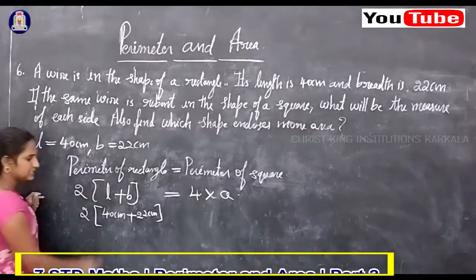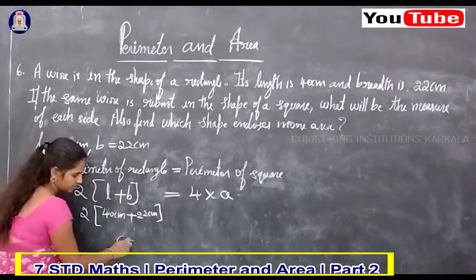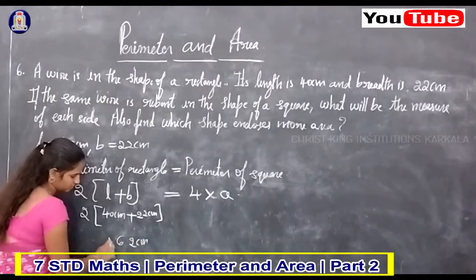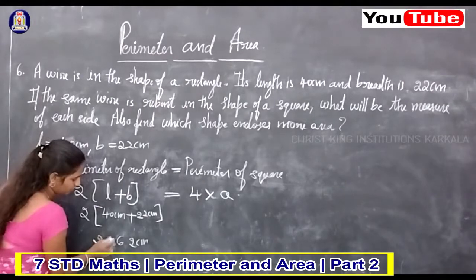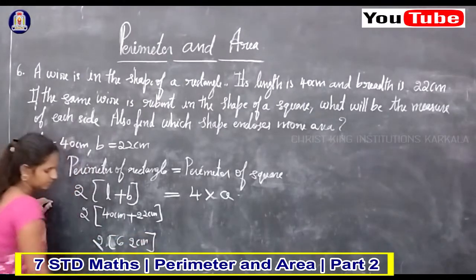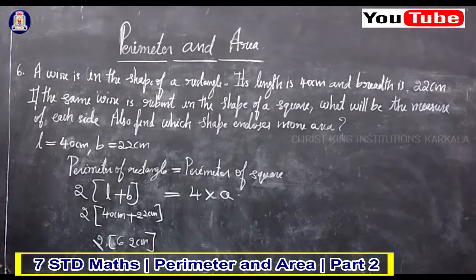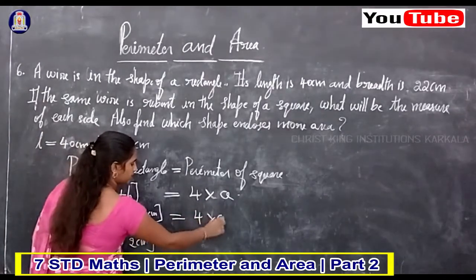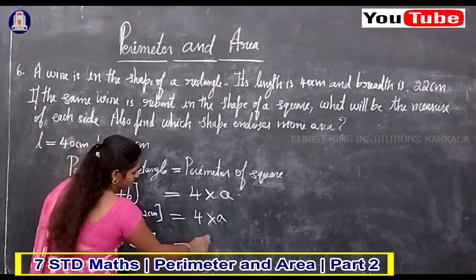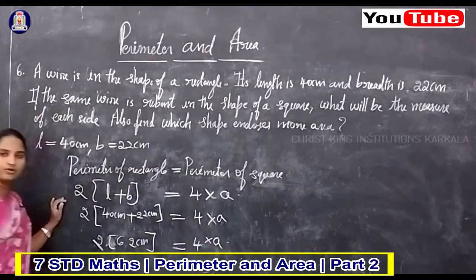So 40 plus 22 is 62 centimeter, into 2. So 2 into 62 centimeter is equal to 4 into a. We don't know the side of the square, so we have to find it now.